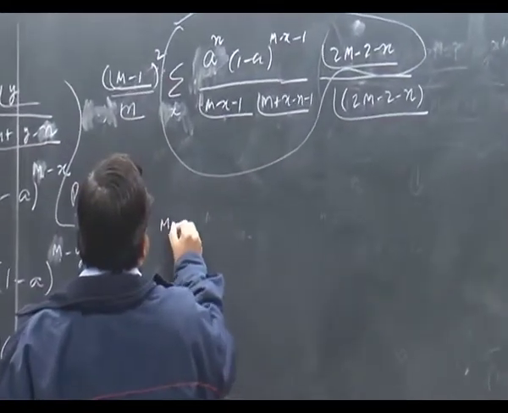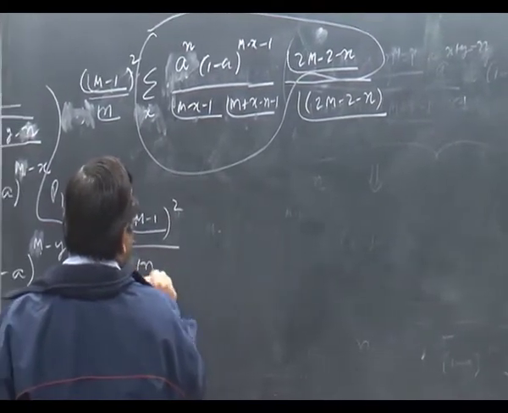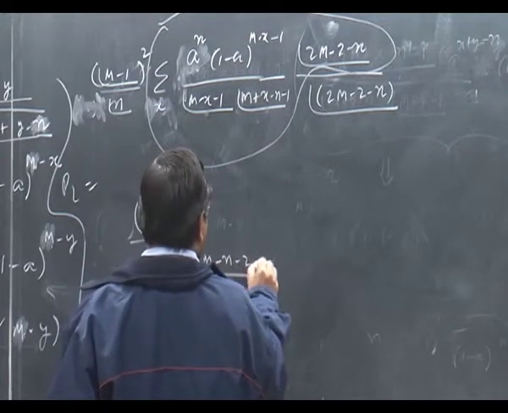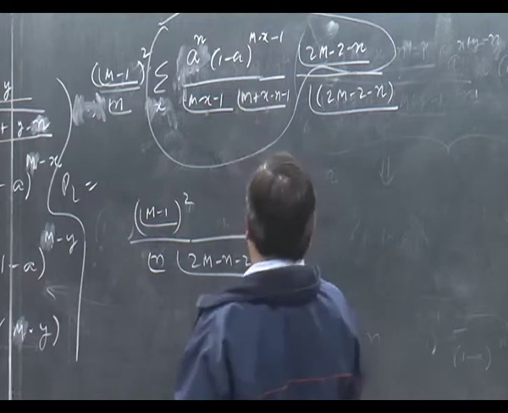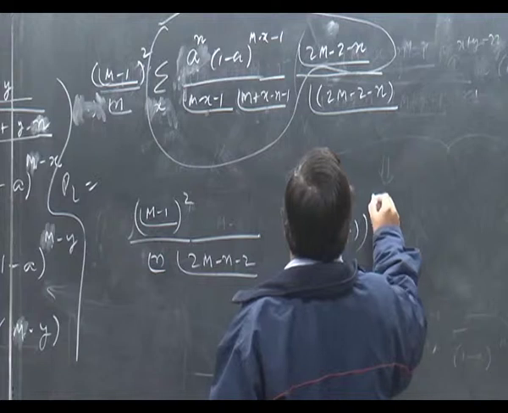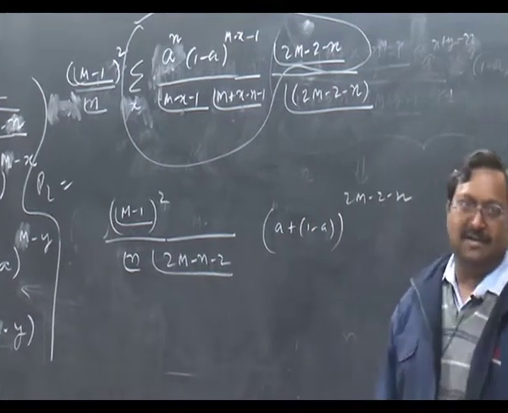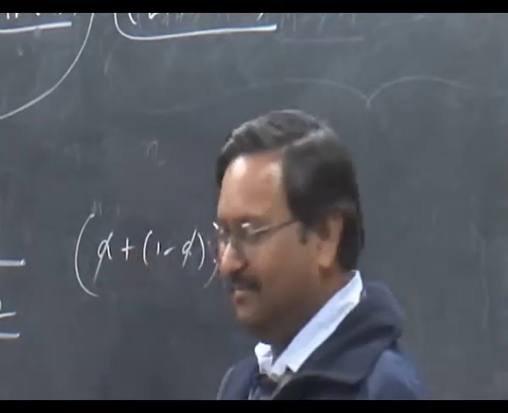So I have m minus 1 factorial square, n factorial, 2m minus n minus 2, and this is nothing but a plus 1 minus a whole raised power 2m minus 2 minus n, complete binomial. A cancels with this, it is 1.